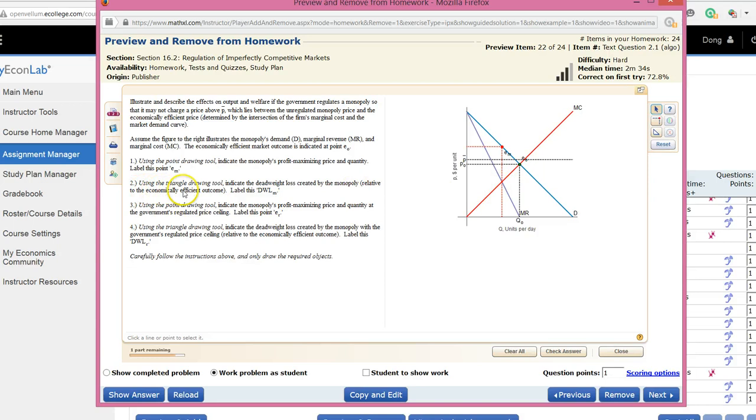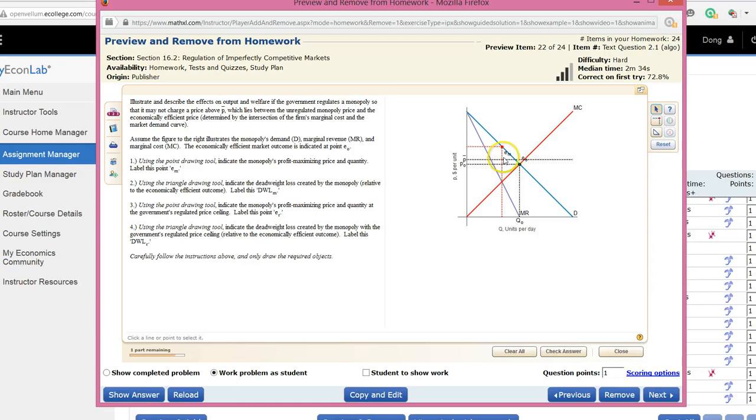Second, using the triangle drawing tool, indicate the deadweight loss created by the monopoly relative to the economically efficient outcome. This is the economically efficient outcome E0. If the firm sets the price and quantity at this level, there's no deadweight loss.